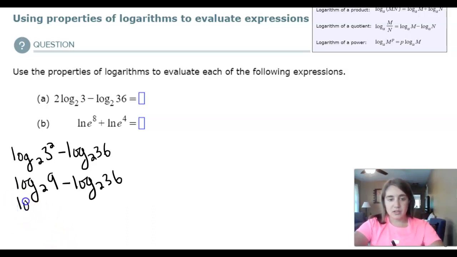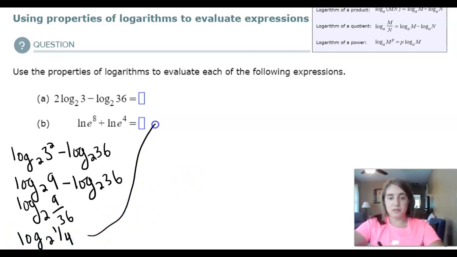And we know that this simplifies to 1/4. Now from here there's 2 ways.